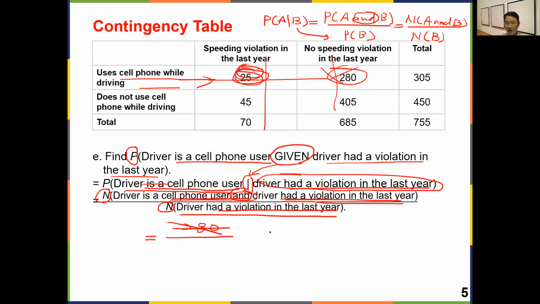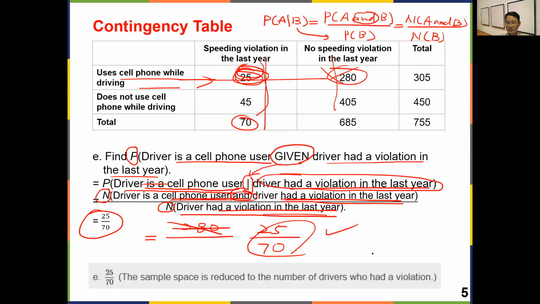So the top number must be 25. What about the bottom part? How many of them had speed violation last year? How many in total? Total 70 right there. And that's the answer. I mean, that's the answer right here.